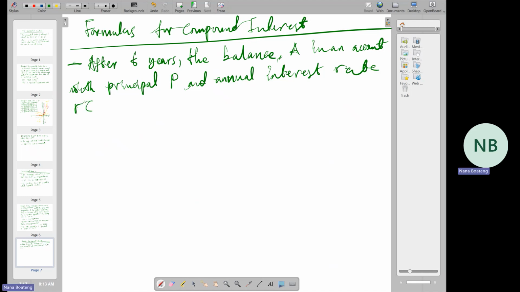The interest rate we always write in decimal form. Although it may be given as a percentage, we have to convert it to decimal form.